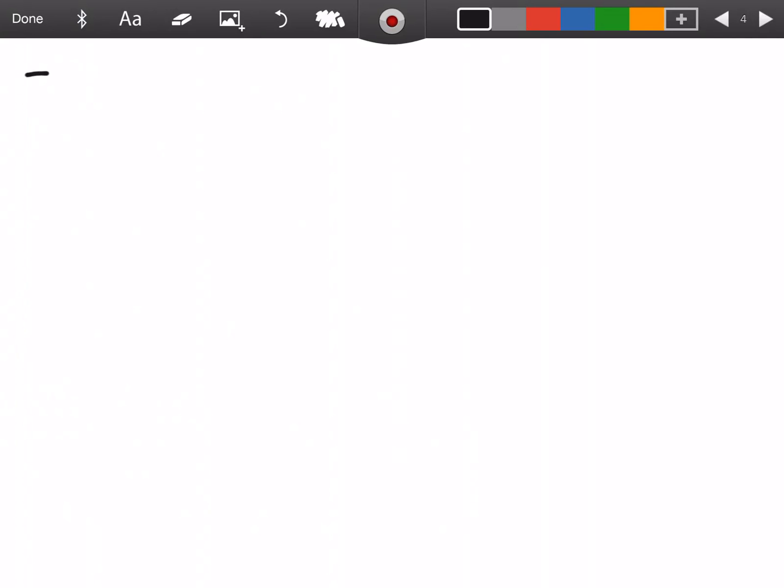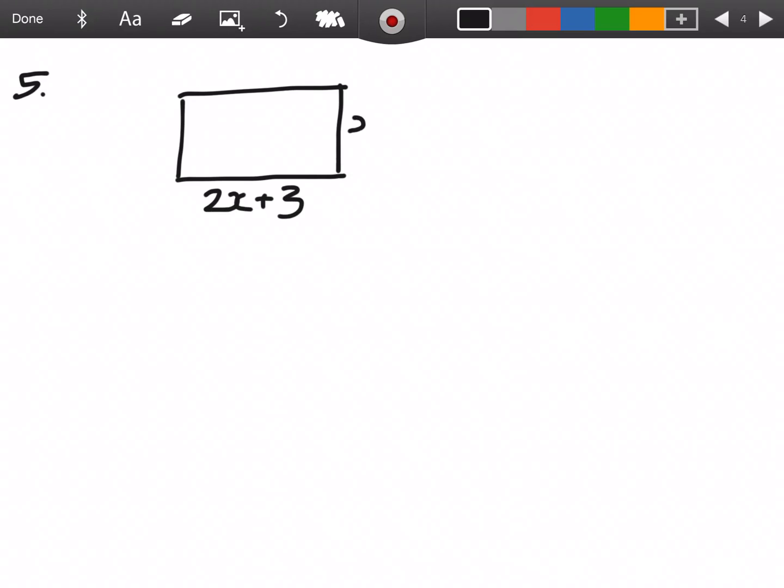There's one more multiplying out bracket type question that I'm going to show you. We'll say across the bottom is 2x plus 3, and we'll say up the side is x minus 2. And the question is, what is the area of the rectangle?